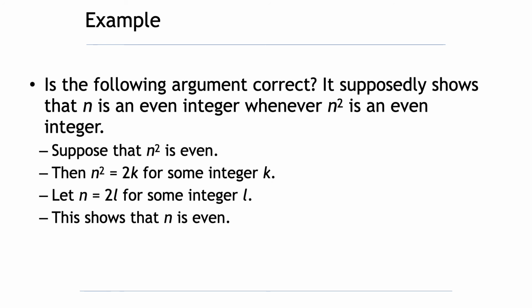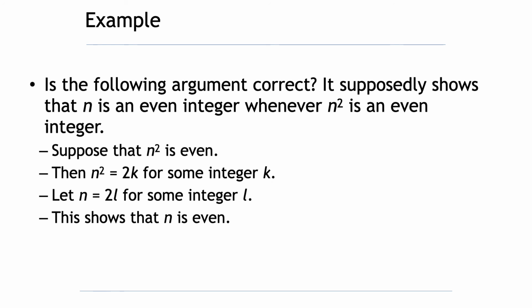So the argument is incorrect. We didn't give any argument to show that n can be written as 2 times l for some integer l. As you can see, we are just assuming that n is equal to 2l. This is circular reasoning because we are assuming a statement that is equivalent to the statement being proved.